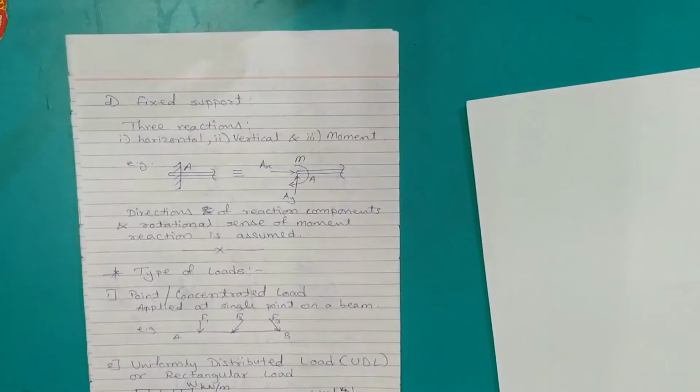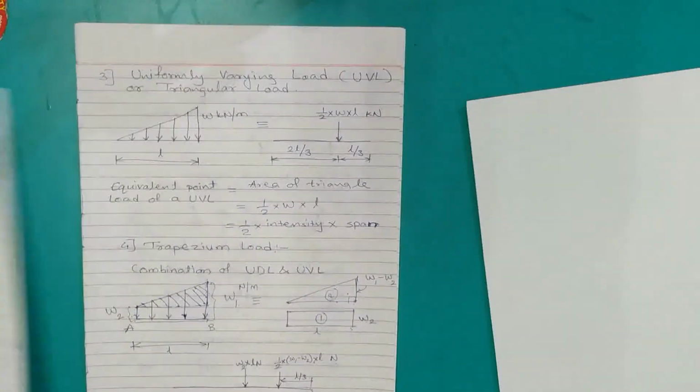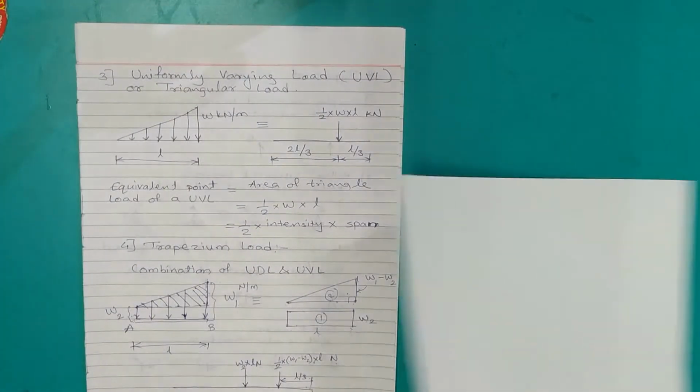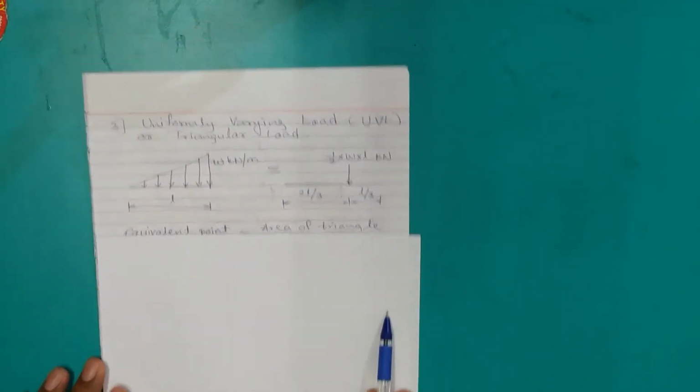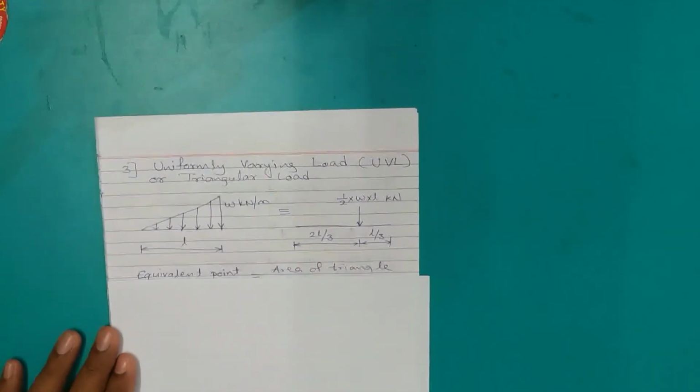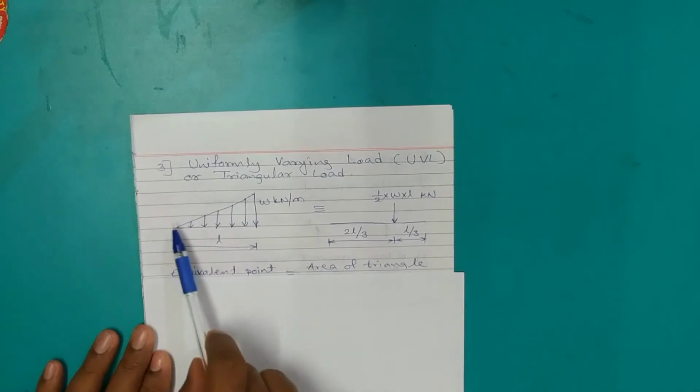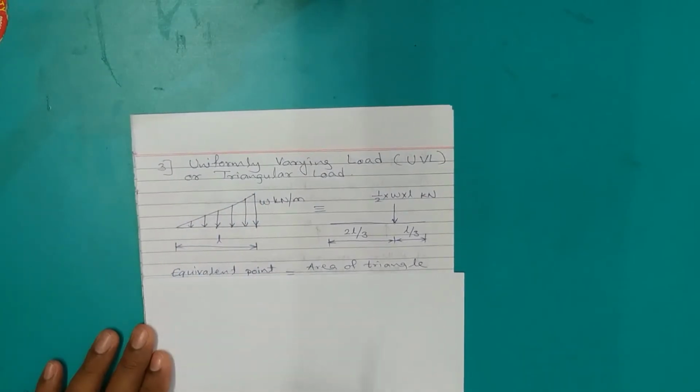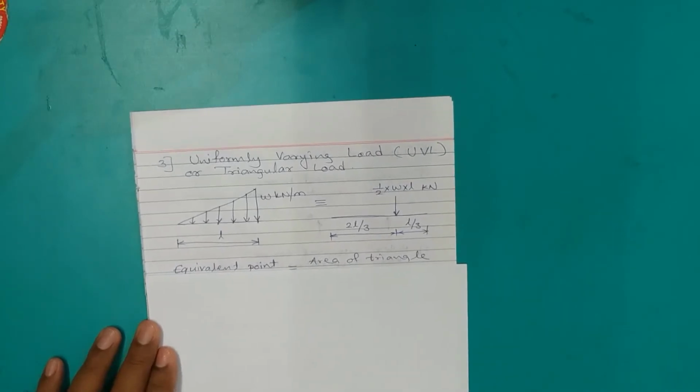The next type of loading is called uniformly varying load. The uniformly varying load is also called a triangular load because the shape of the loading appears as a triangle, a right angle triangle to be more precise.